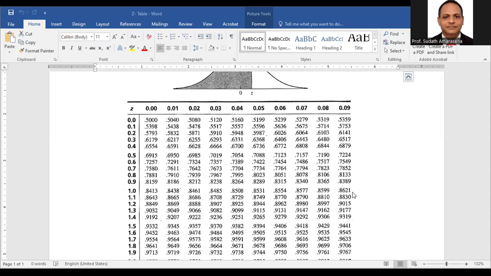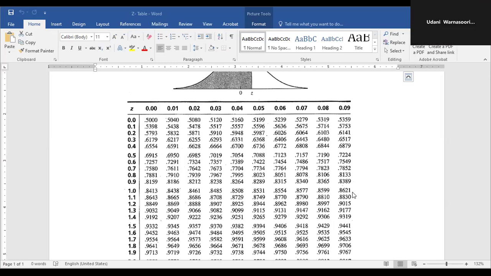Then when you are going to keep the answer, the cumulative table is straightforward. You can write down the answer, 86% probability. If you use a non-cumulative table, you can keep the answer 0.3621 plus 0.5. You should add the 0.5. Then you can keep the answer again, 86% probability. Now you understood?